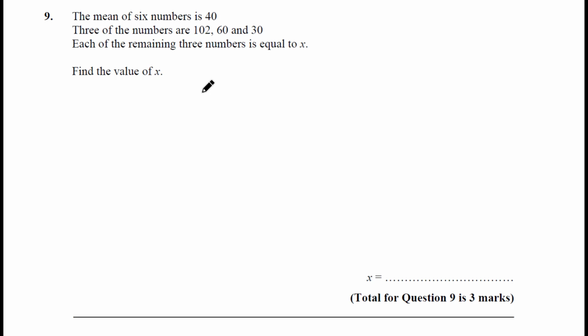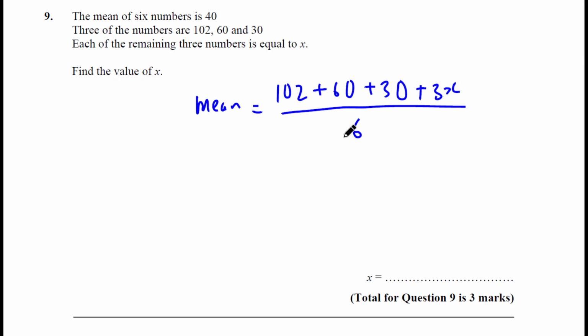So we know, create a formula, the mean equals all the numbers, and the 3 remaining numbers is equal to x, so we can say plus 3x, divided by 6 is going to equal the mean.